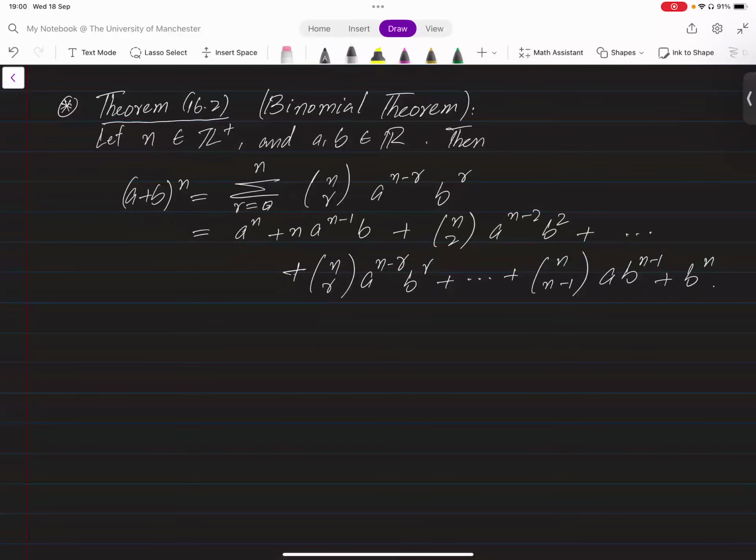Let's give the proof. Consider that we can write (a plus b) power n as a product of n brackets.